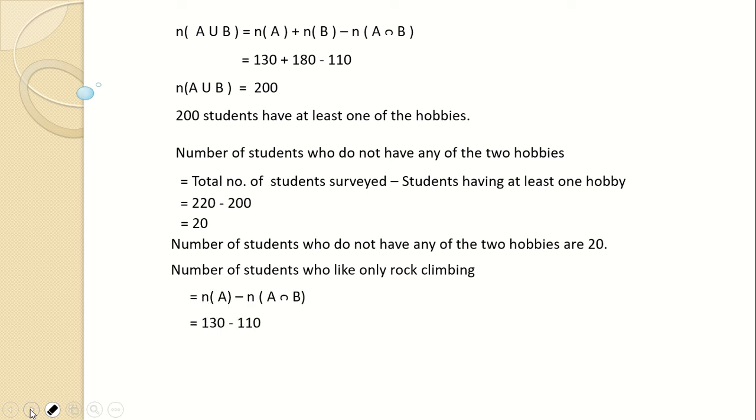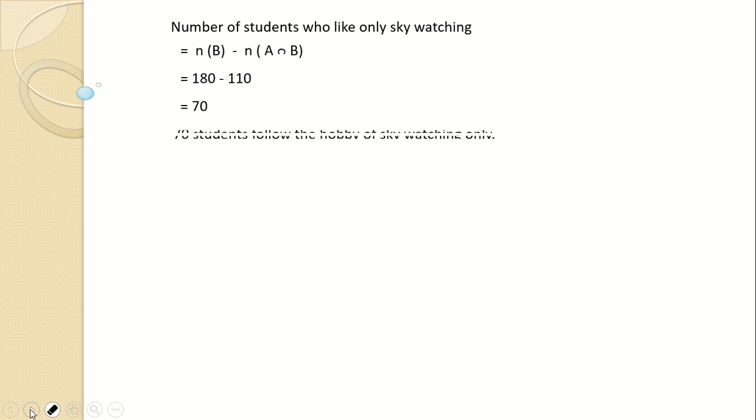That's 130 minus 110, that's 20. 20 students follow the hobby of rock climbing only. The number of students who like only sky watching is n of B minus the intersection part. So that's 70. So 70 students follow the hobby of sky watching only.